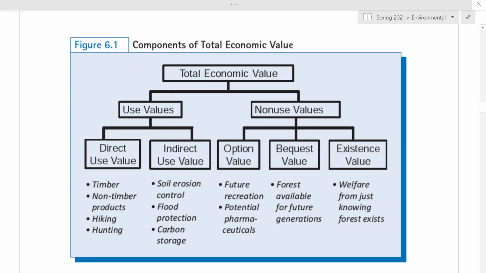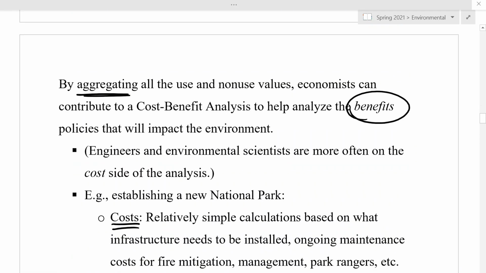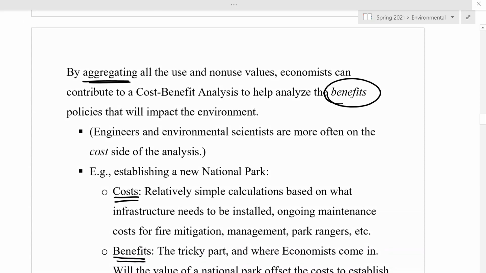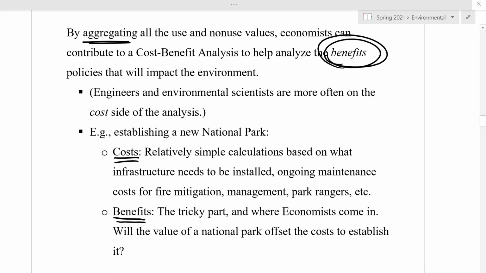So go back and check that one out if you haven't already. And then essentially we use economic evaluation techniques to figure out what is the benefit of environmental goods, particularly those which don't typically have prices or aren't exchanged in a normal market with buyers and sellers.